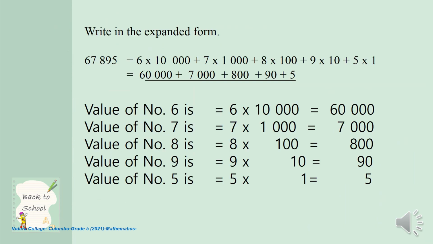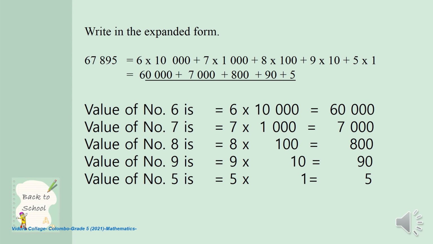Here I have shown you how to expand 5-digit numbers and how to find the values of 5-digit numbers. So let's find the values of 5-digit numbers. Now the given number is 67,895. So kids, when you are reading 5-digit numbers, the word thousand comes in the thousands column. 6 in the 10,000s, 7 in the thousands.